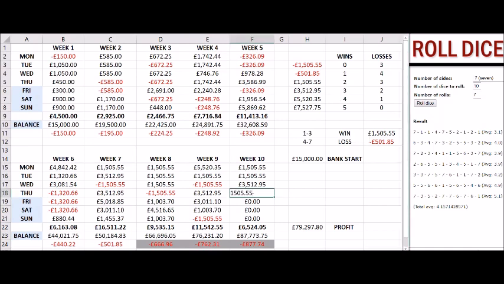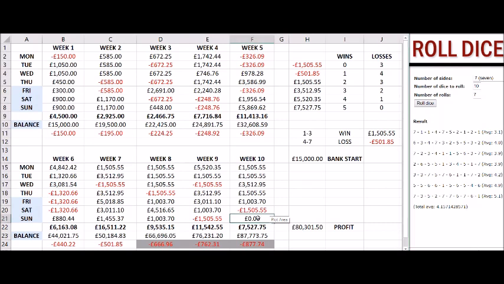Moving on to Friday. There were 2 wins and a loss, so that brings it down to 1. And then there's a loss there.